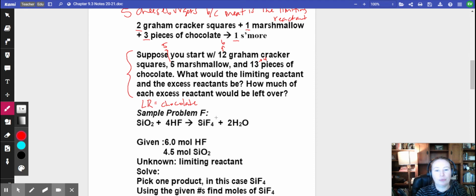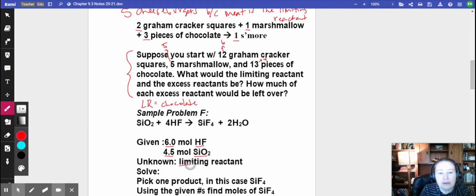Okay, so now a real chemistry example. Basically what this boils down to is we're doing 2 stoichiometry problems. So it's nothing new. It's just a stoichiometry problem. But we have 2 givens, so I'm going to have to do 2 different calculations, one with 6 moles of HF and one with 4.5 moles of SiO2.